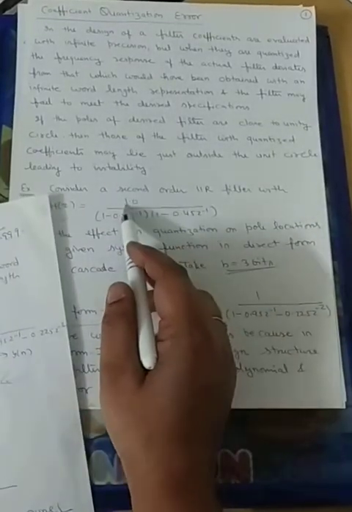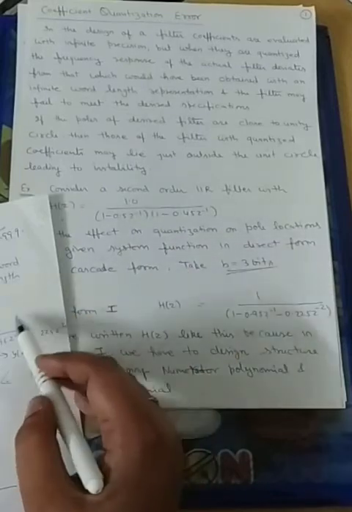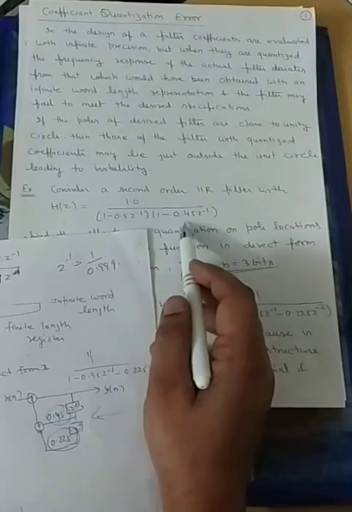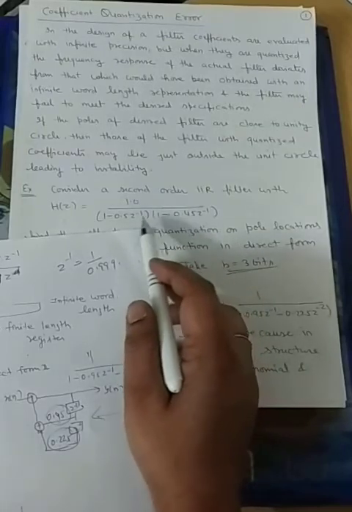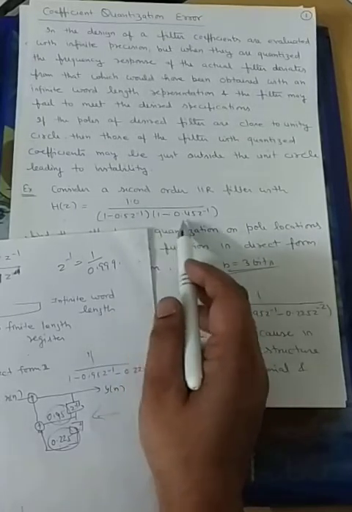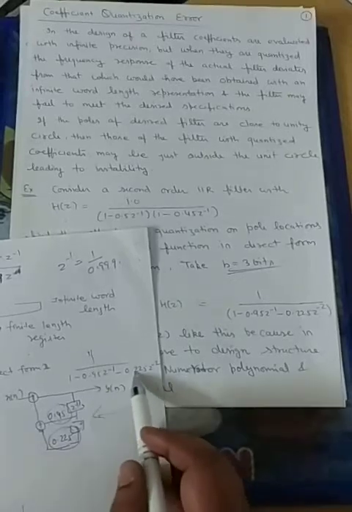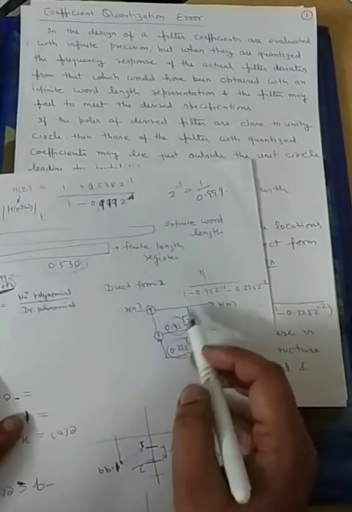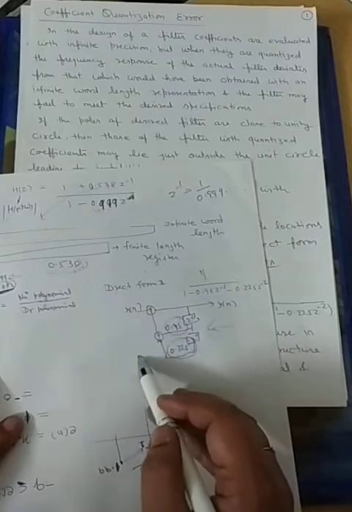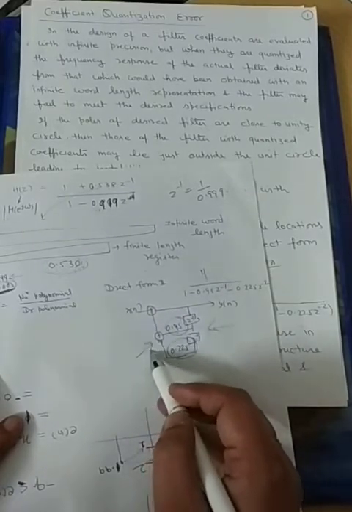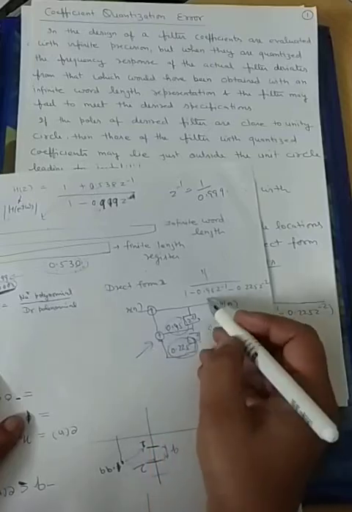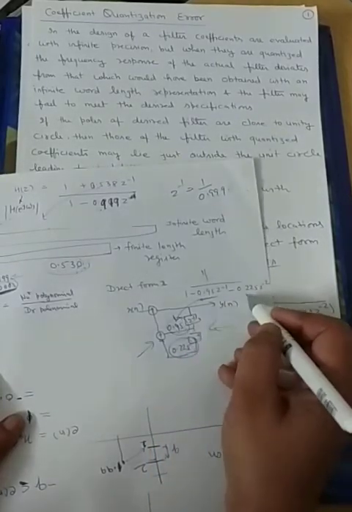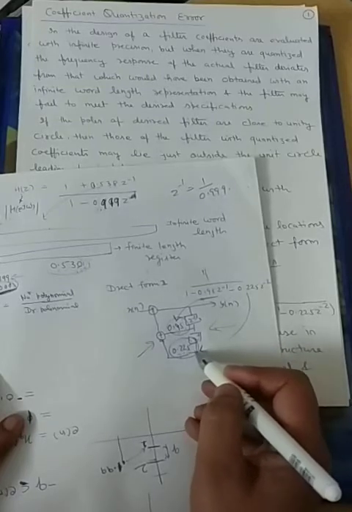In this case the numerator polynomial is 1, and the denominator polynomial can be obtained by multiplying these two factors. With this expression we may directly design the direct form 2 structure of the filter, where the coefficients are 0.95 and 0.225.